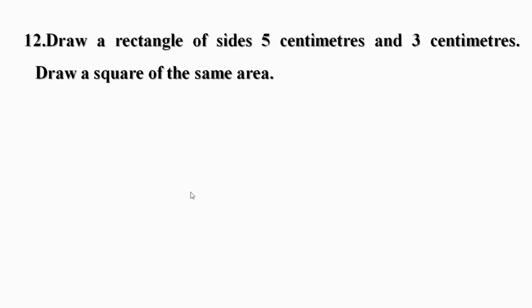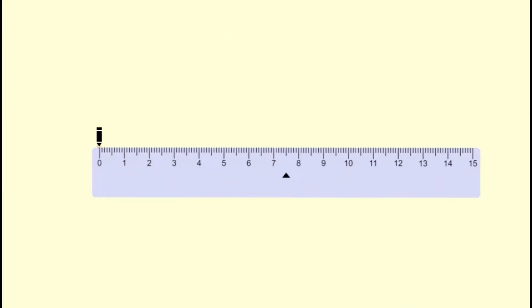12th question. Draw a rectangle of sides 5 cm and 3 cm. Draw a square of the same area. Let us draw a line of length 5 cm at first.